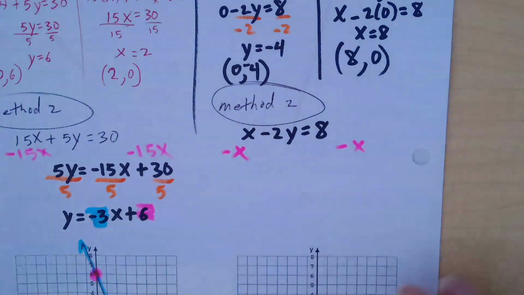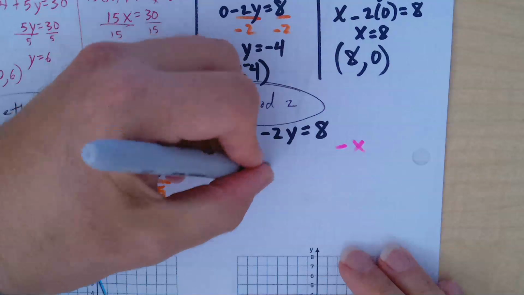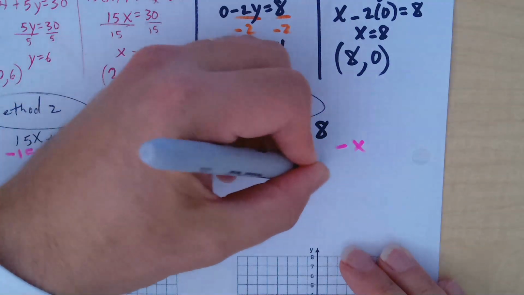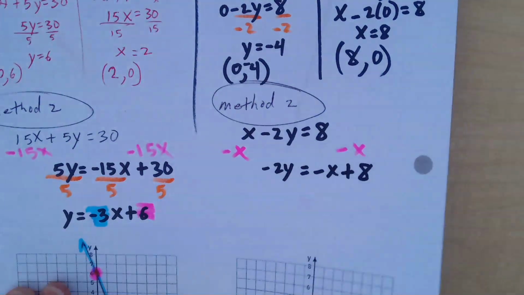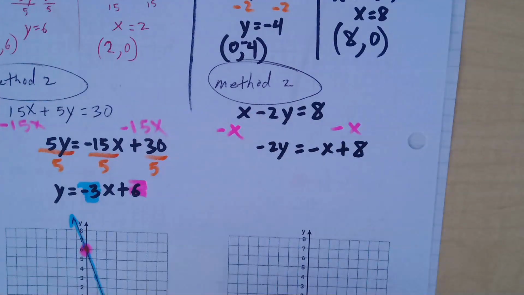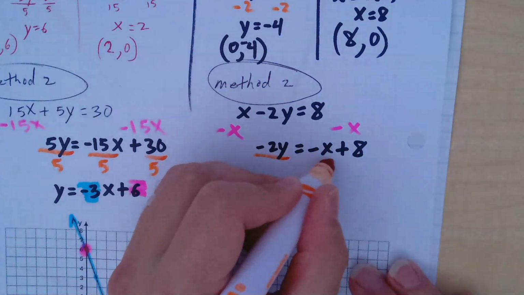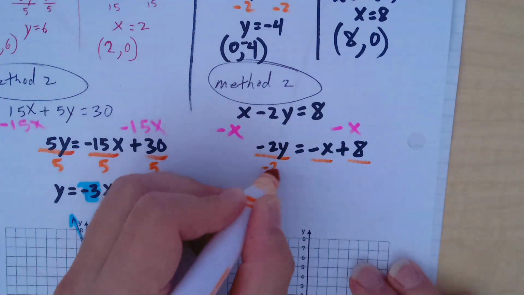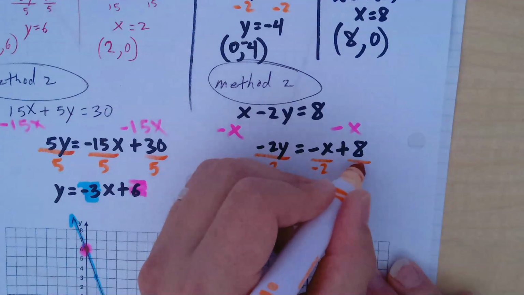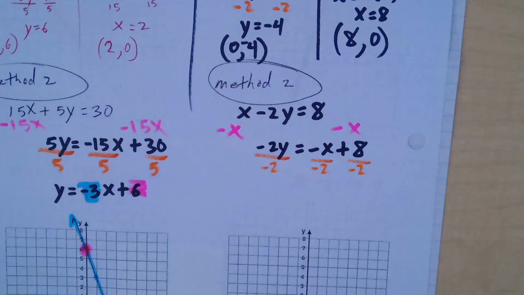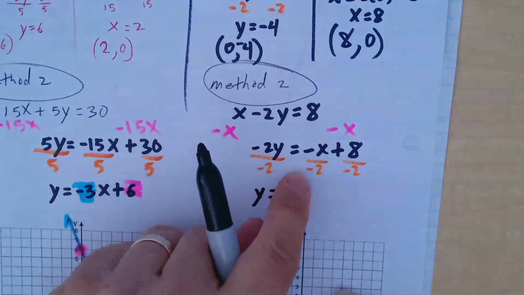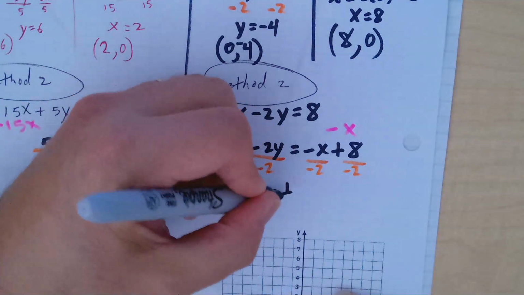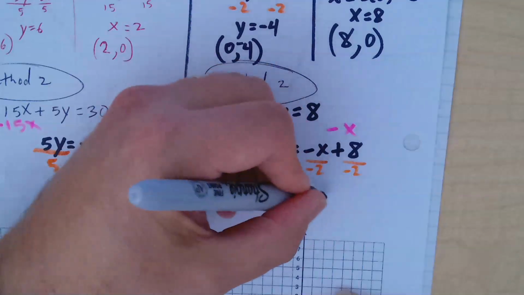And then I end up with negative 2y equals negative x plus 8. And then the next step is we're going to have to divide both sides of the equation by negative 2. And so now my equation is going to be y equals, okay, negative divided by negative gives me positive, so y equals 1/2 x minus 4.